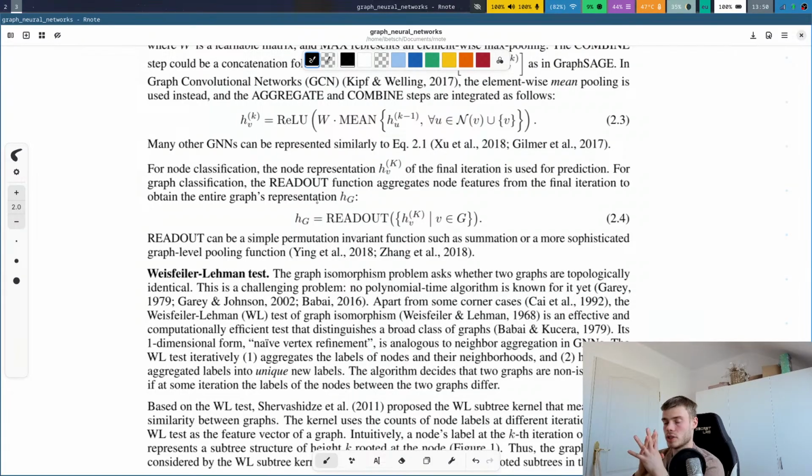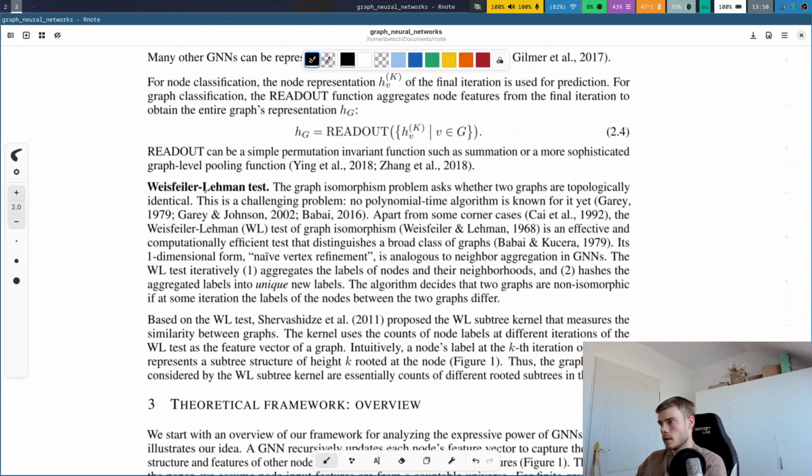For graph classification, the readout function aggregates node features from the final iteration to obtain the entire graph's representation Hg. So readout can be a simple permutation invariant function such as summation or more sophisticated graph level pooling function. Okay.